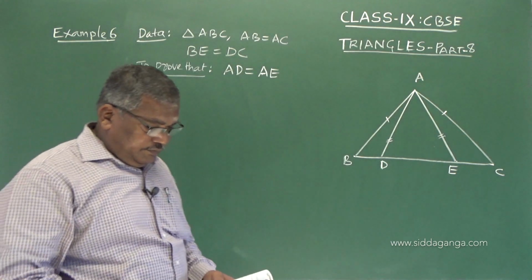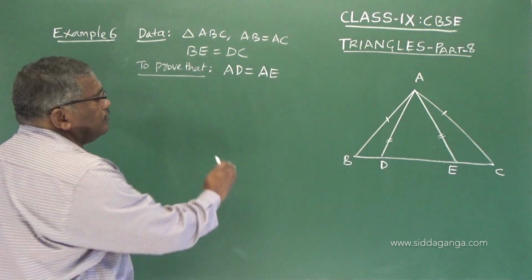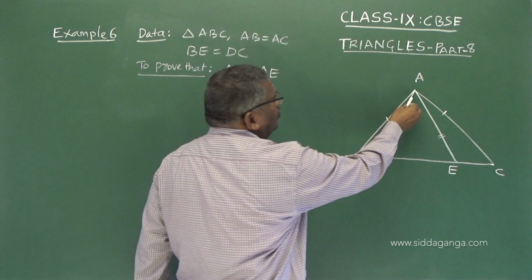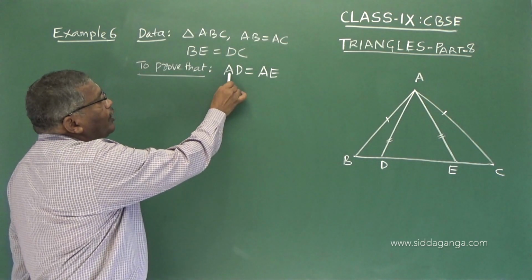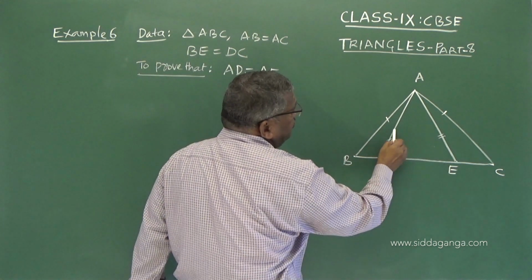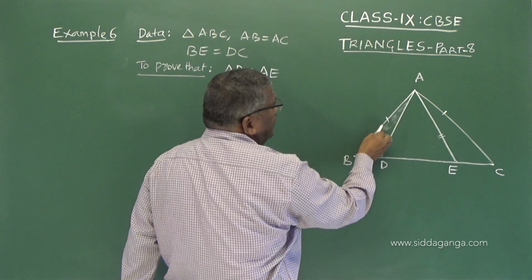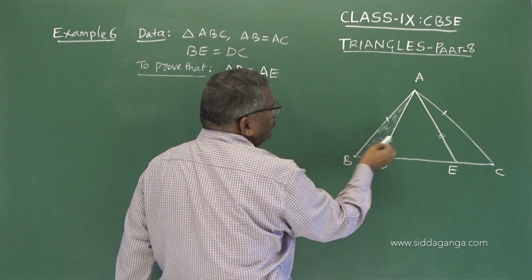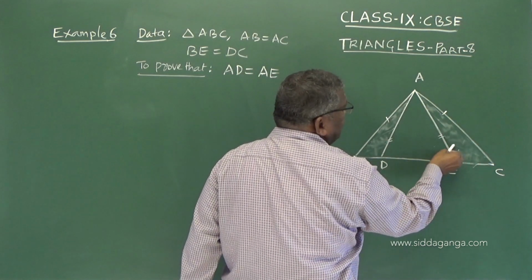So, now you observe the figure here. We need to prove AD and AE are equal. So, therefore, consider triangles which involve those two sides. So, I will take up these two triangles.